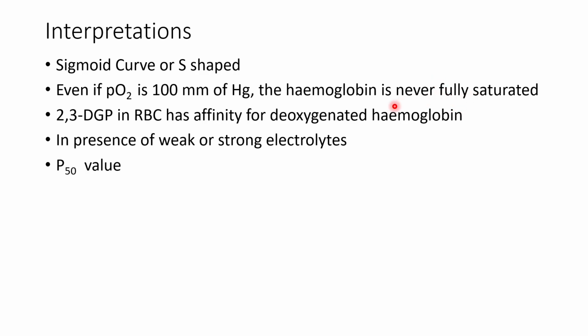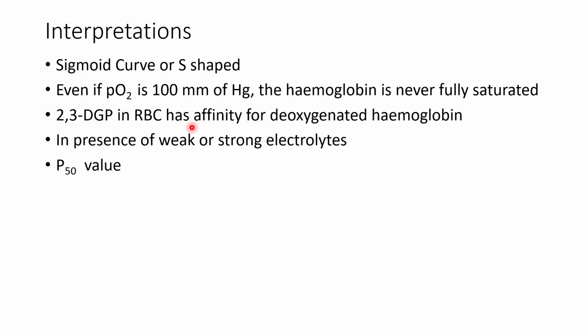That means in that curve, when the partial pressure of oxygen is around 95, the formation of oxyhemoglobin has reached 97% but not 100. So it can never be fully saturated because there is always a level of CO2 present in our blood, and temperature is also yet another criterion for this.